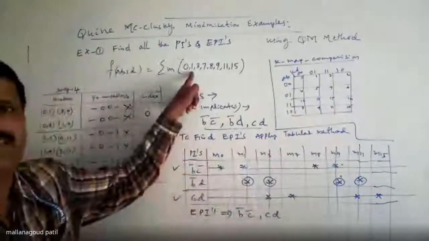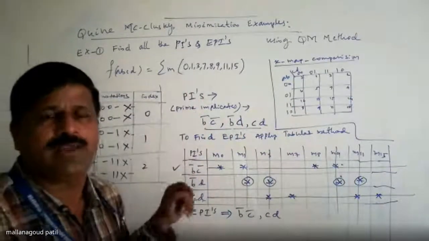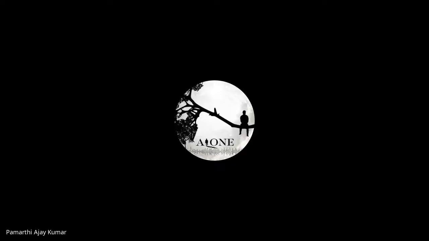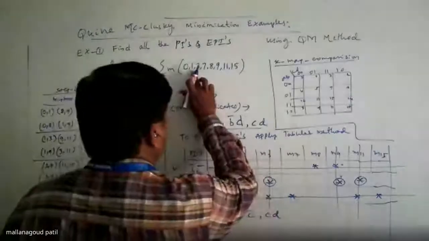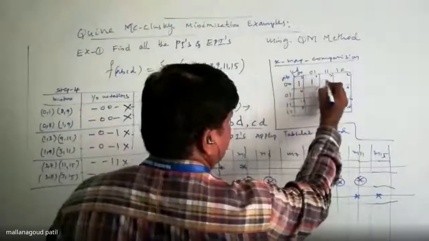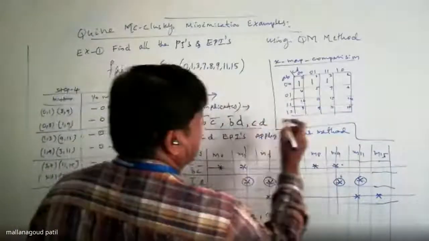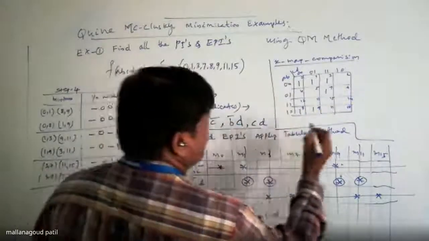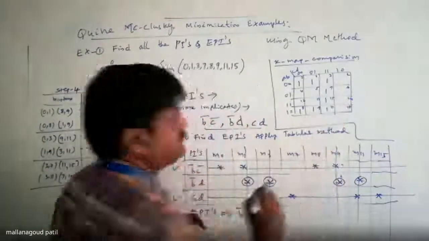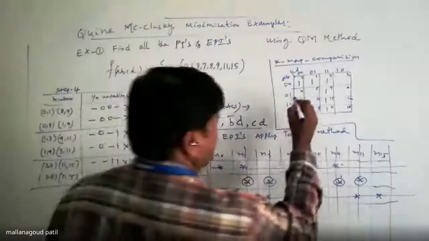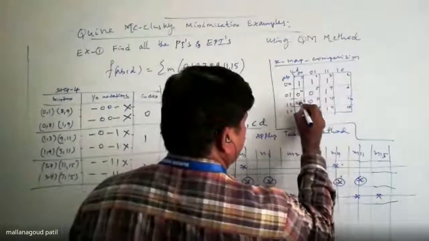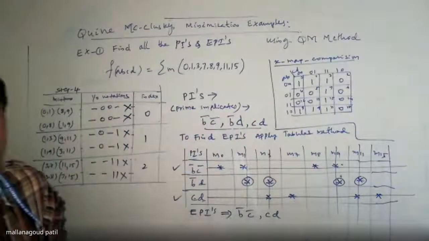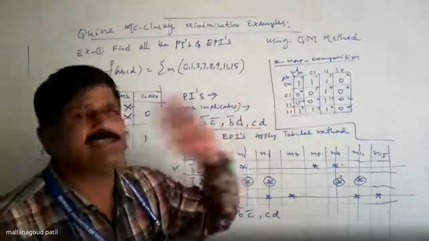Which minterms are given in the problem statement? What value are you supposed to write, 1 or 0? 1, sir, because these are minterms: 0, 1, 3, 7, 8, 9, 11, 15. And the rest all you write 0. Now the K-map entry is over.